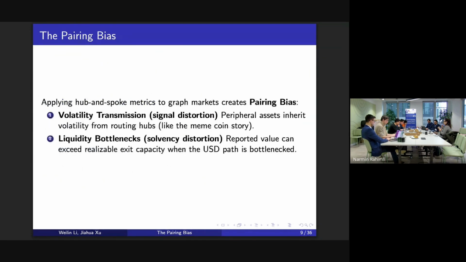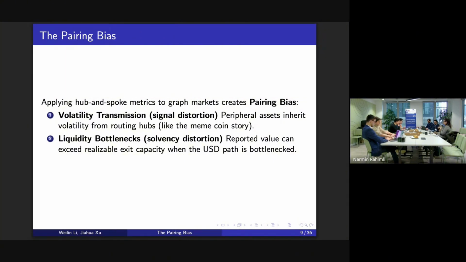When we try to apply standard metrics that we use on bonds and metals, like market caps or other economic metrics, to these graph-structured markets, this triggers two kinds of systematic failures. The first is volatility transmission, which I explained in the short story at the very beginning: my coin is increasing for no reason.